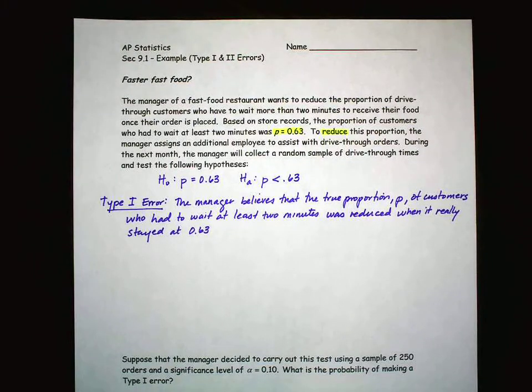So the consequence of making this error is pretty much he hired an additional employee, but it actually hasn't made a difference. So if he believes that it has made a difference, he's going to keep on paying that additional employee.